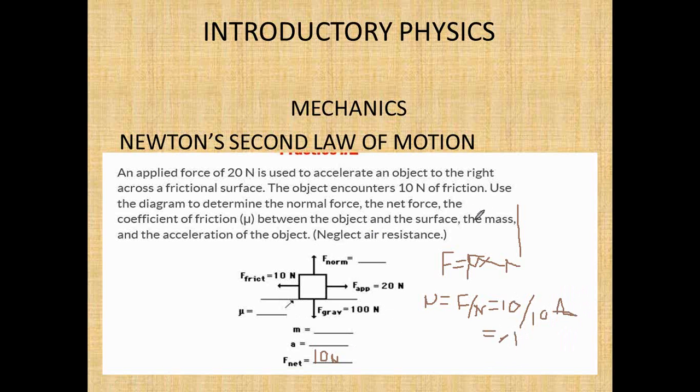So what is the mass of the object? All right, so again, if you use your force due to gravity, let's just put a little f right here to denote the force of friction so you don't mix it up. The force of gravity is equal to the mass of the object times the acceleration due to gravity.